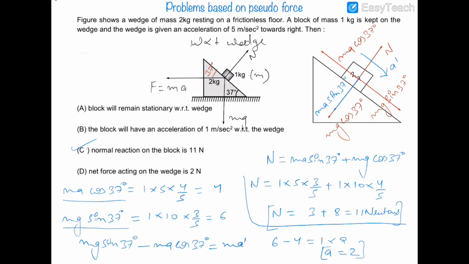So a is itself 5 and m is itself 2. So ma is not equal to 2. In fact, it is 10, and therefore it would be a wrong option. So the correct option will only be option C. So let's move on to the next question.